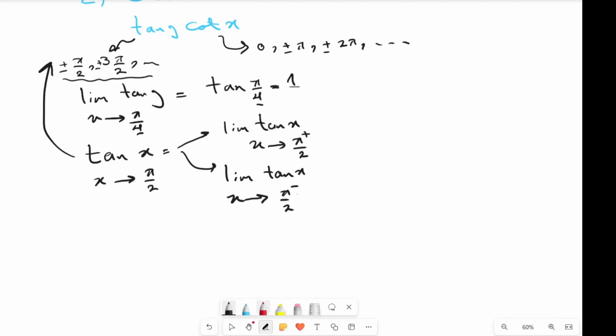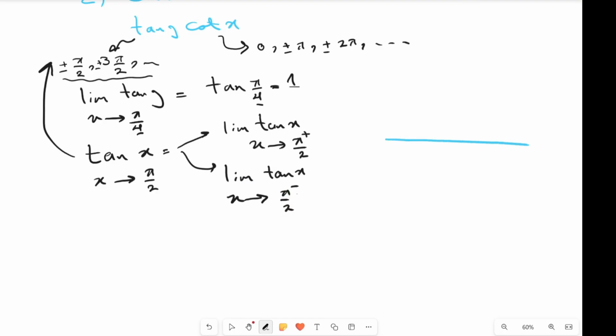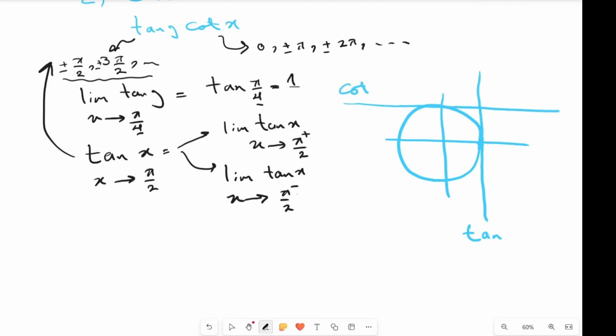I don't know how much information you have about trigonometry, but if you consider this circle, this is the tangent axis, and this is the cotangent axis, and here it is cosine and it is sine. Okay, we know 0, pi over 2, pi, and 3 pi over 2. Yes? Okay, we're going to calculate at pi over 2 from the right side, maybe this point.